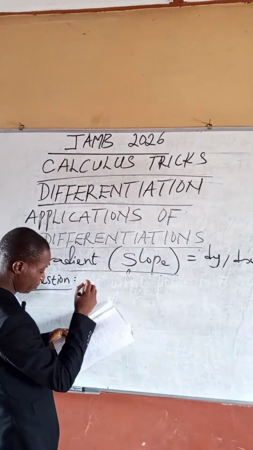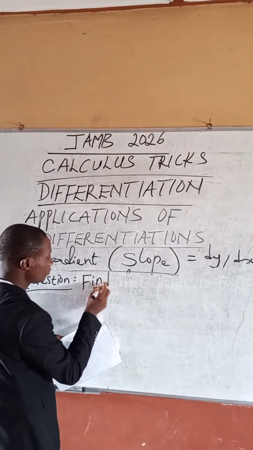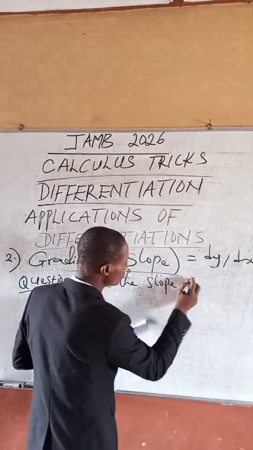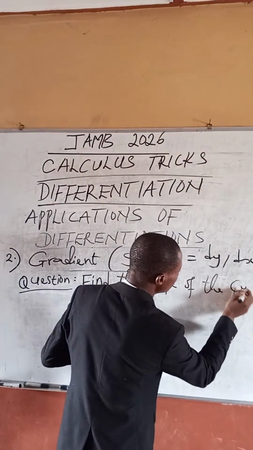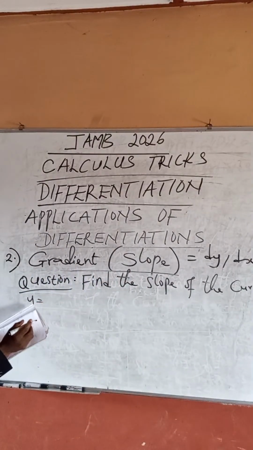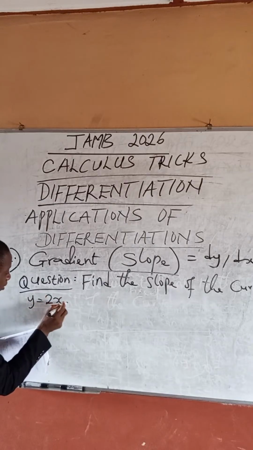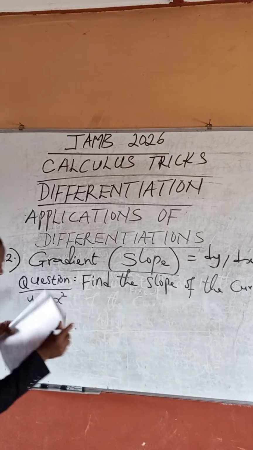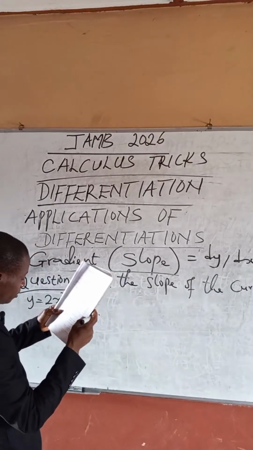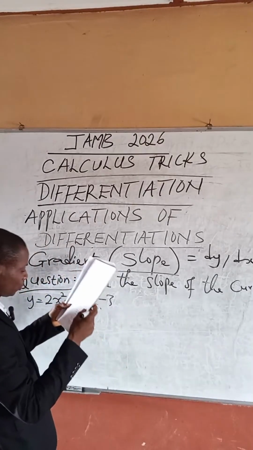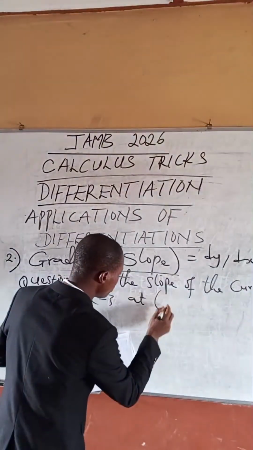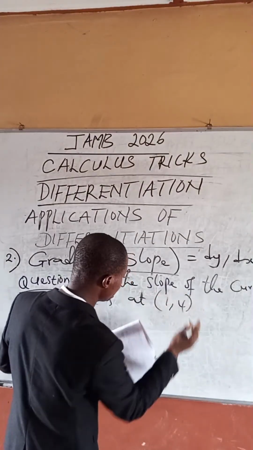Find the slope of the curve y equals 2x squared plus 5x minus 3 at the point (1, 4). So this is the point.